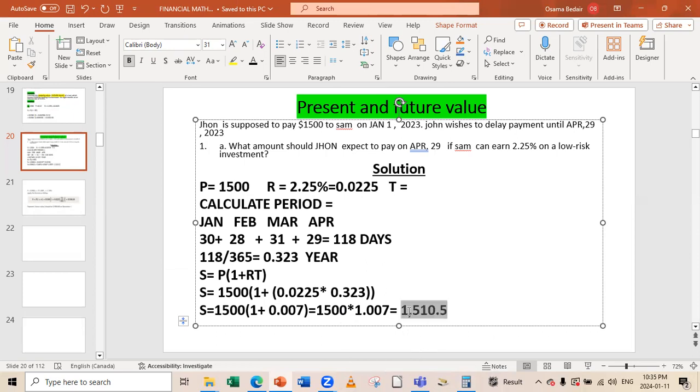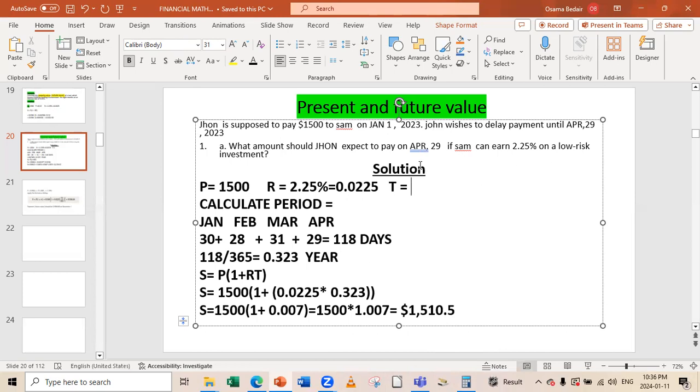So this is the future value of the money which John was supposed to pay to Sam on April 29, like we said. So this is also in dollars, and we will just put the dollar sign here.